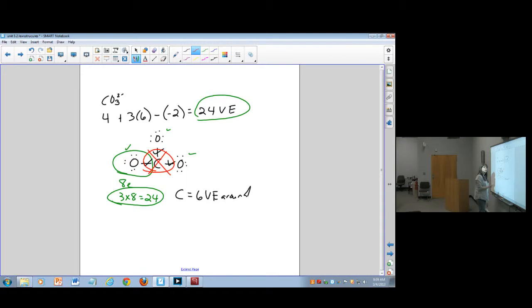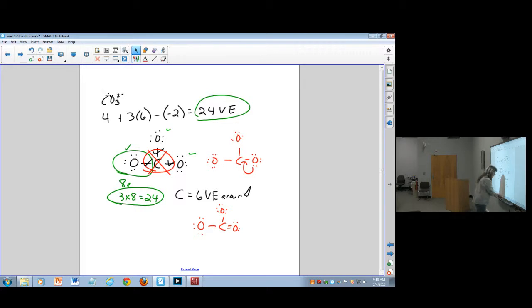Something's wrong here because carbon doesn't form an octet. So what I'm going to do here is I'm going to pull one of these sets of electrons off of the oxygen, and I'm going to form something that looks like this.